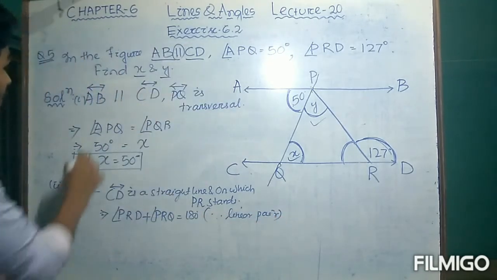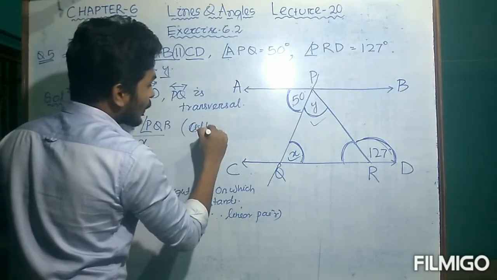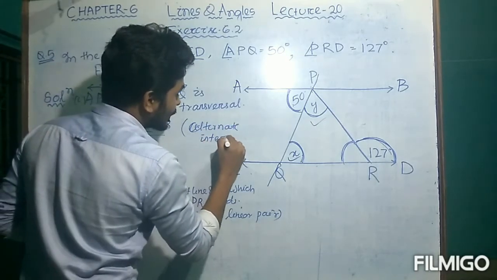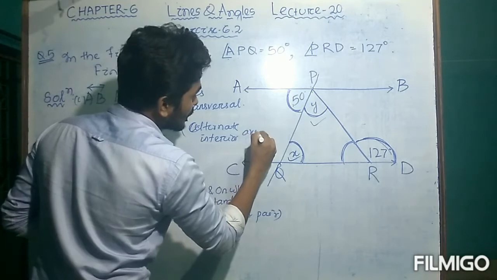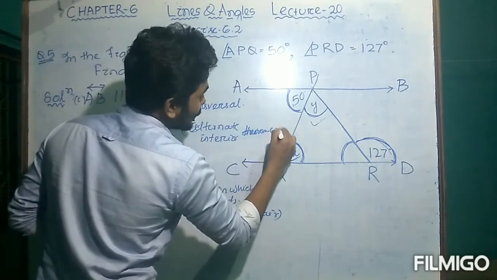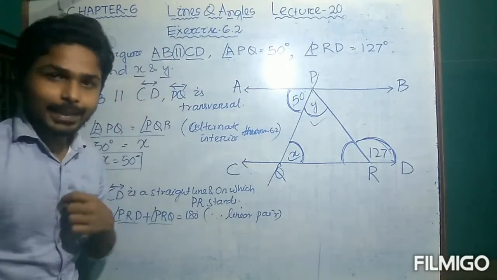Here also you have to write the reason why the earlier angles are equal, because they are alternate interior angles. I forgot to write it: due to theorem 6.2. Now these two angles give 180 degrees.